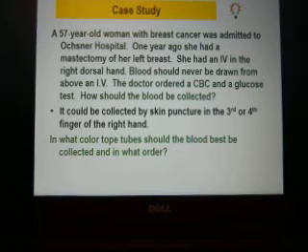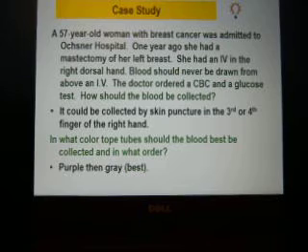Okay, in what color top tubes should the blood best be collected, and in what order? Purple, then gray would be best. Okay, because we're collecting a CBC, which is for the lavender or purple top tube, and then a glucose on its own, the gray top is the best tube for just a glucose.